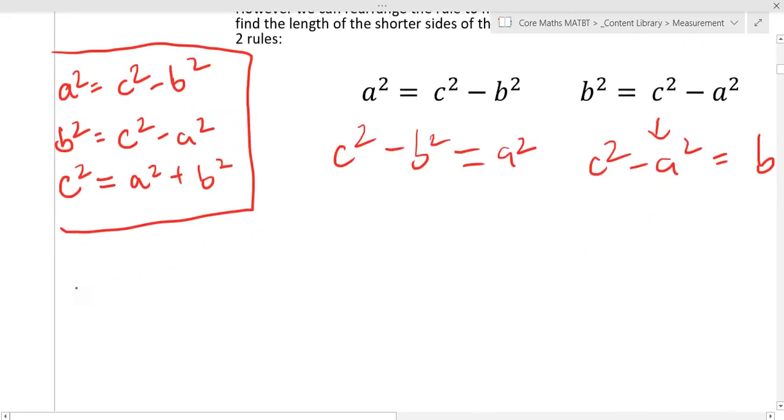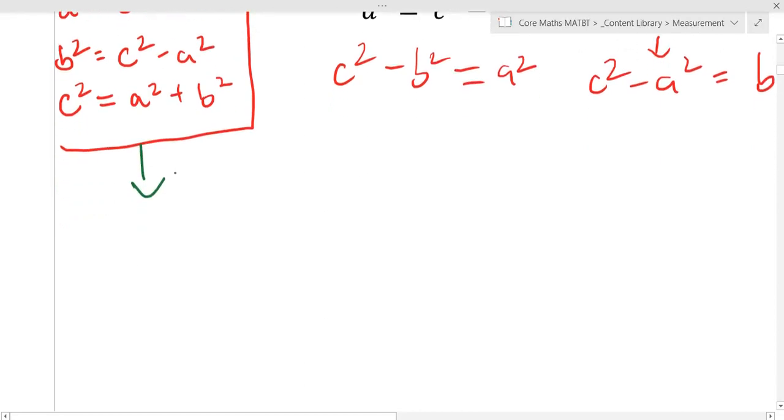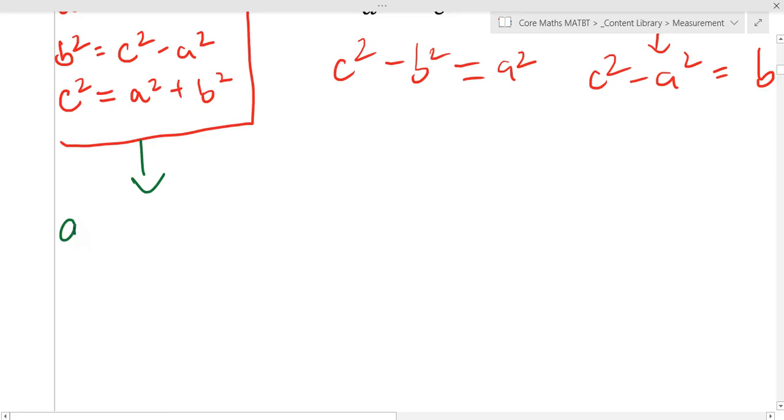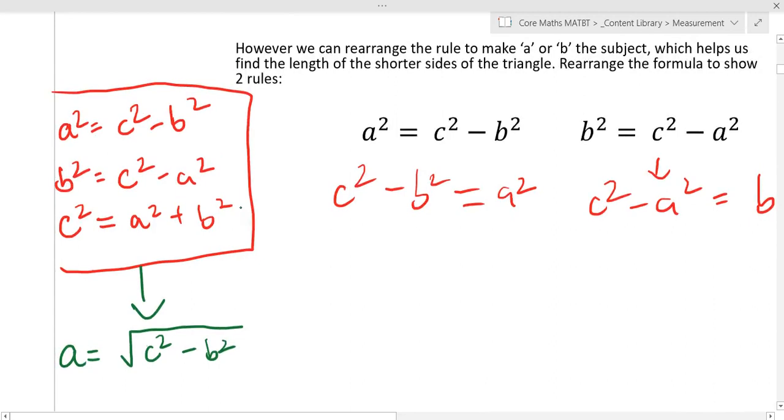Now, I don't know why this hasn't been taught before, but there are also variations of this. And this is a shortcut on your calculator. If you're looking for A, it just looks like this: square root of C squared take away B squared. You can just literally type that in your calculator. These are the same thing, just a variation of it.